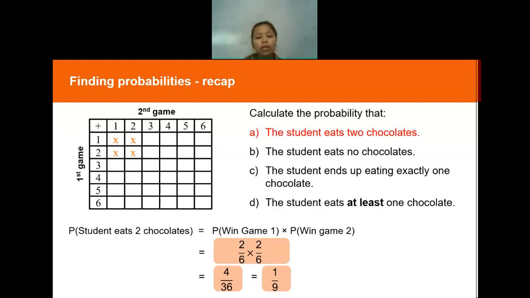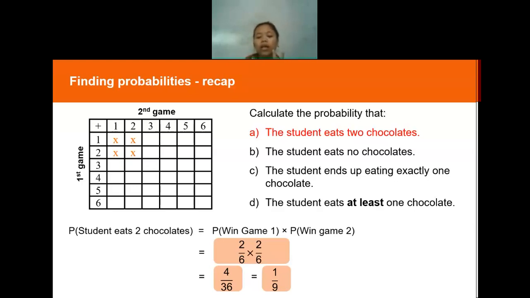So in the two-dimensional grid, the number 1 until 6, 1 until 6 also for the second game. The ones that I put a cross are the combinations of numbers that will give them chocolate. Because for the question A, the question said the student eats 2 chocolates. So it means on the first game, they take a number less than 3. On the second game, they also take a number less than 3. So that's why in here below number 1, 2, yeah, you can use either one if it is only taking twice.